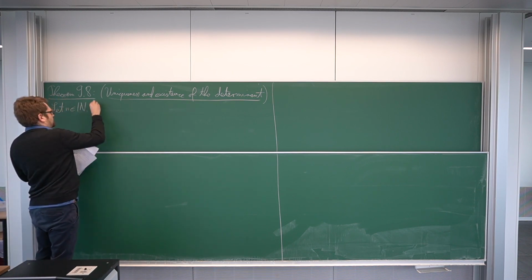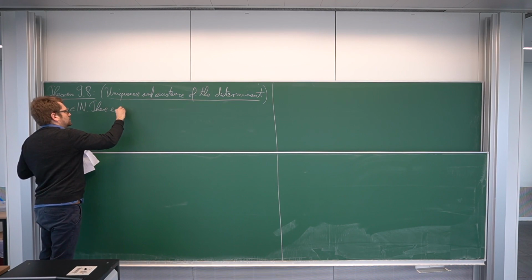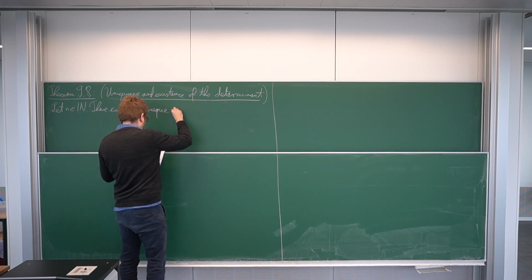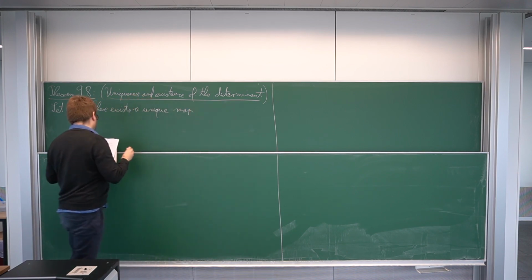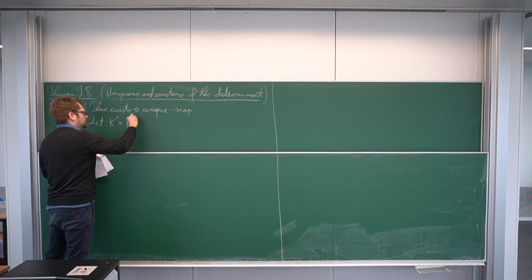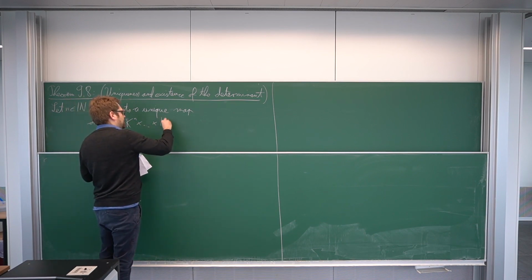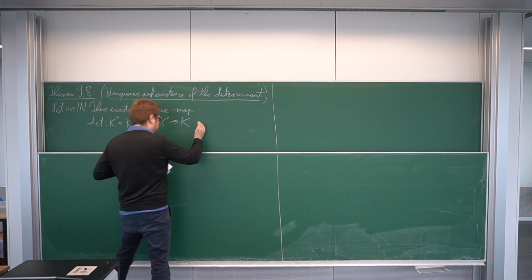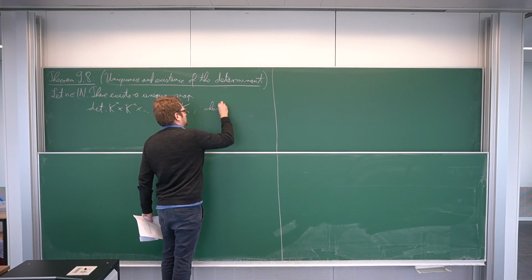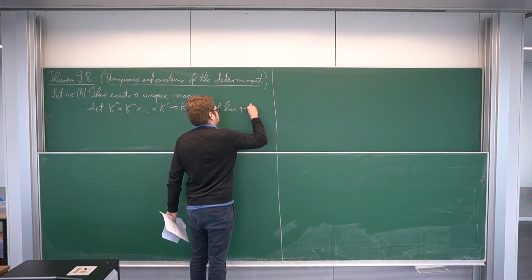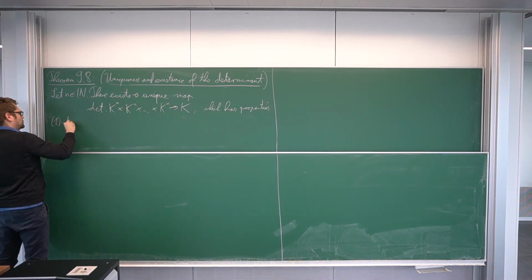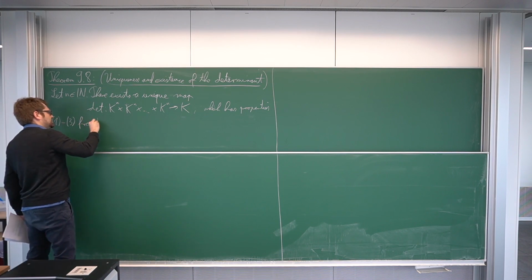Then there exists a unique function, a unique map, from Kn times Kn, so again, we can take n many factors here, a unique map which has properties 1, 2, and 3 from Definition 9.2.